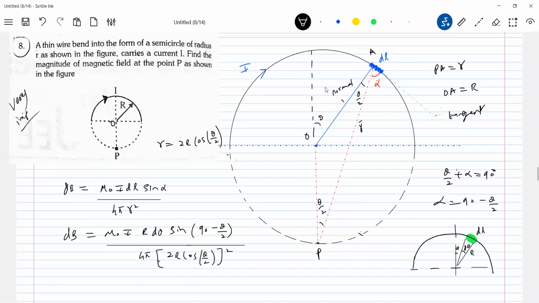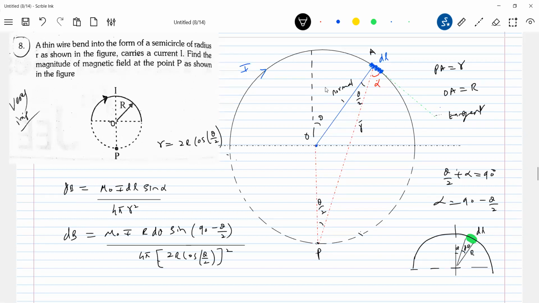Now what should be the limits of theta? Minus pi by 2 to pi by 2, or you assume one more symmetric element, 2 into 0 to pi by 2.